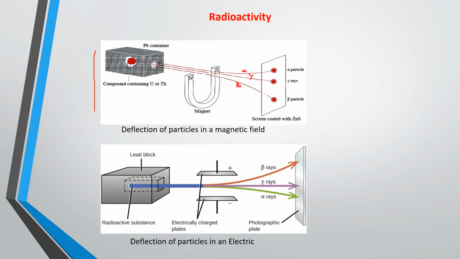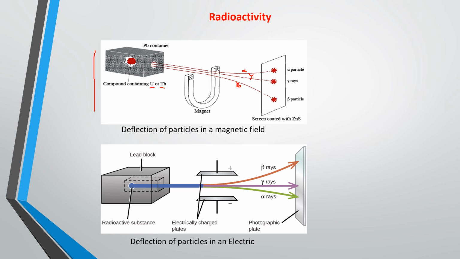This is a photographic screen where you can see the particles as they are being emitted from this lead container, which holds a radioactive compound, either uranium or thorium.